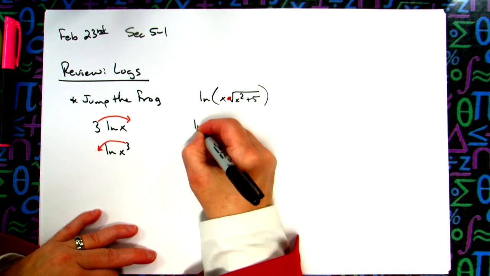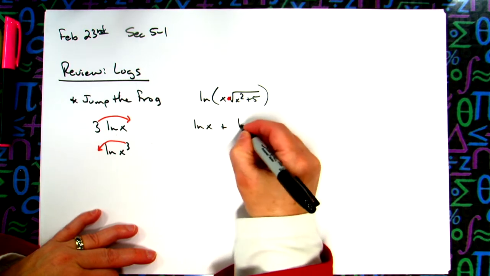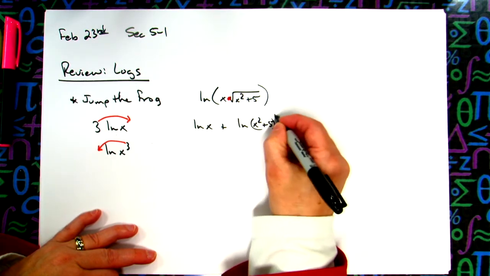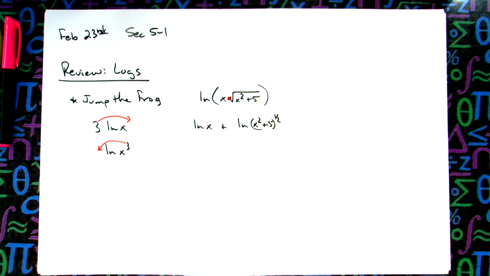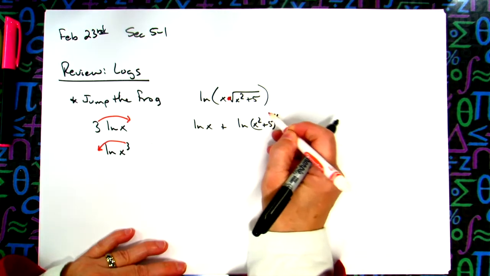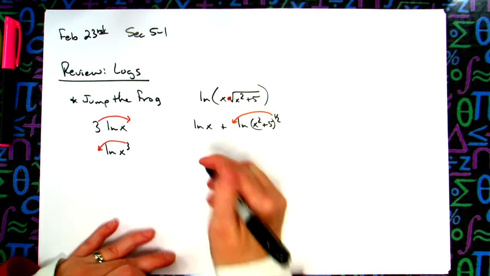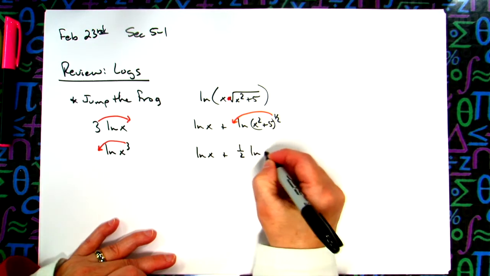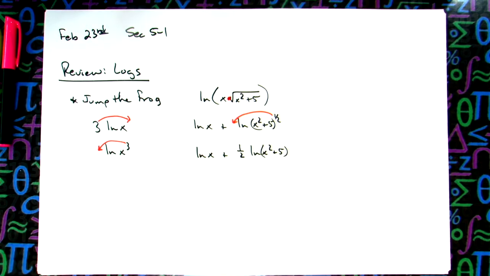So I could go log of x plus log of x squared plus 5 to the 1/2 power. All right, but to make it even simpler, we're going to want to pull that down in front. So natural log of x plus 1/2 natural log of x squared plus 5. And that's what you're going to want to do to these expressions in order to make them simple for us to take the derivative. Okay?